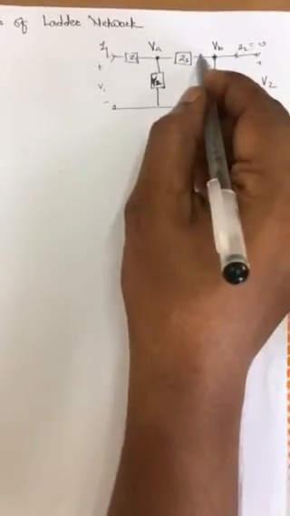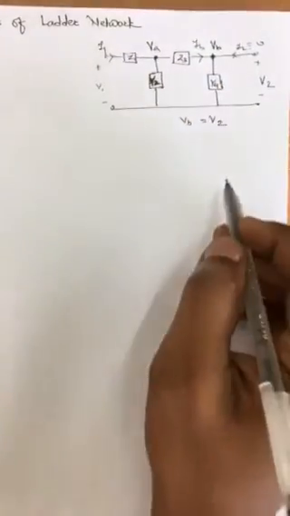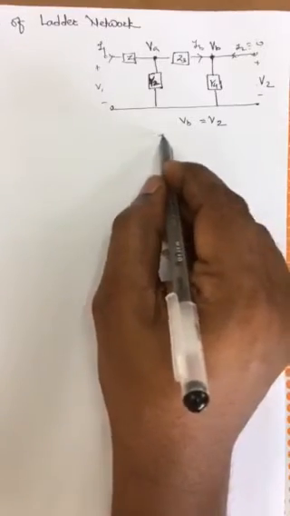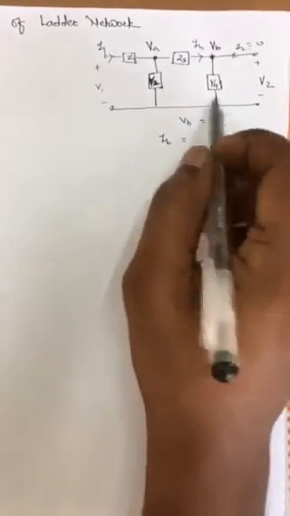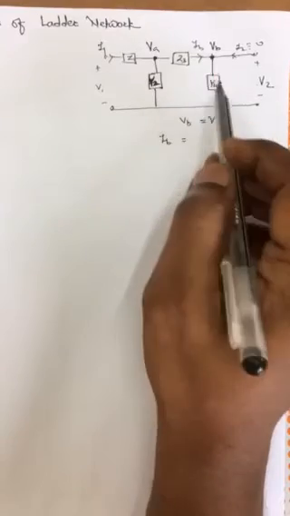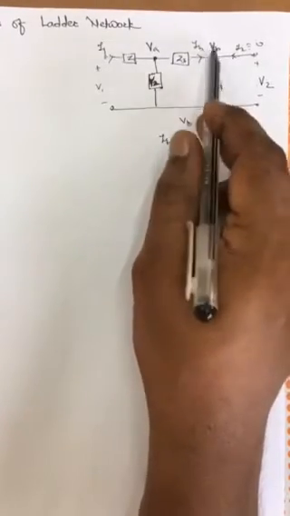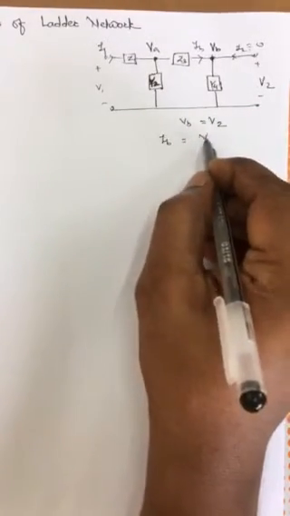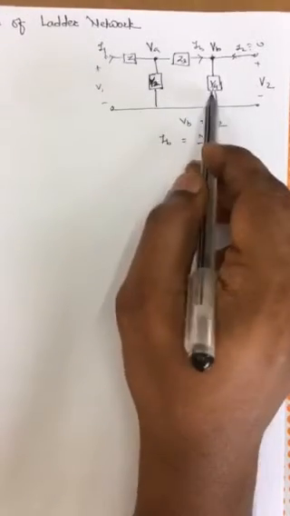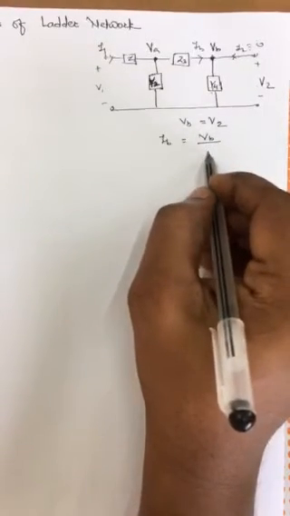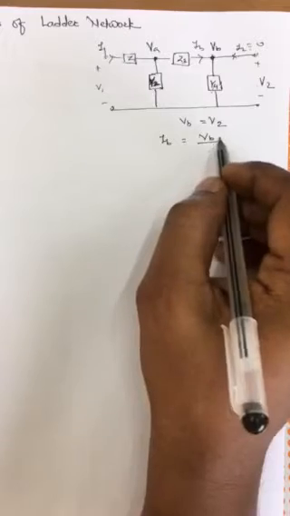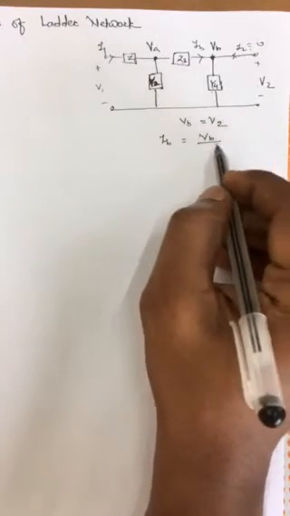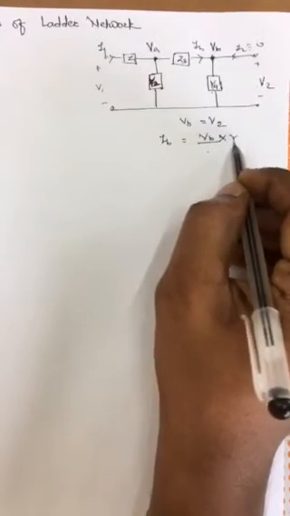If I assume this current as IB, can I write IB equal to this voltage divided by this impedance, or voltage multiplied by admittance? VB divided by Z4, but as it is an admittance, I will write VB multiplied by Y4.